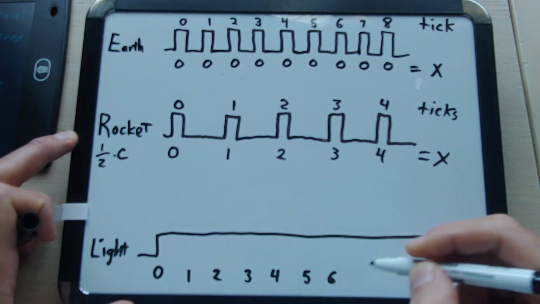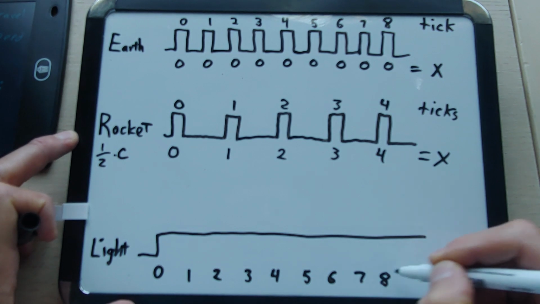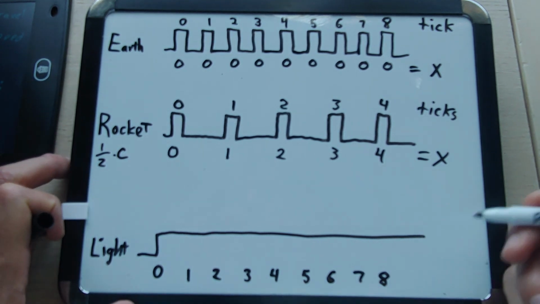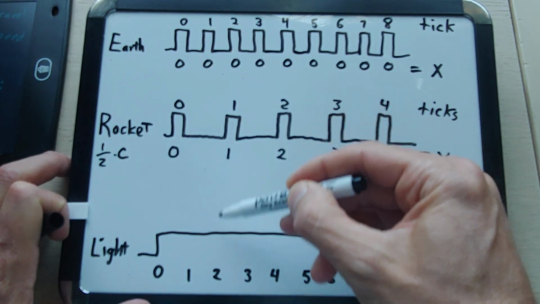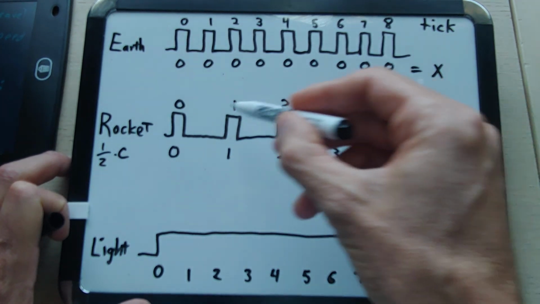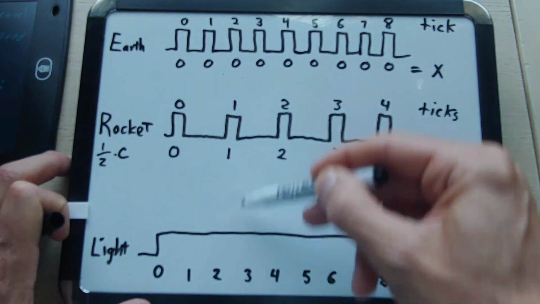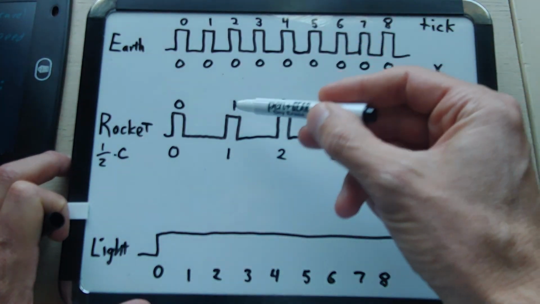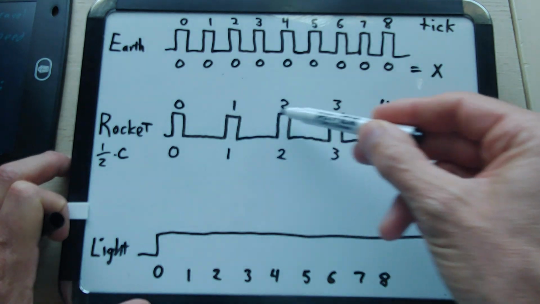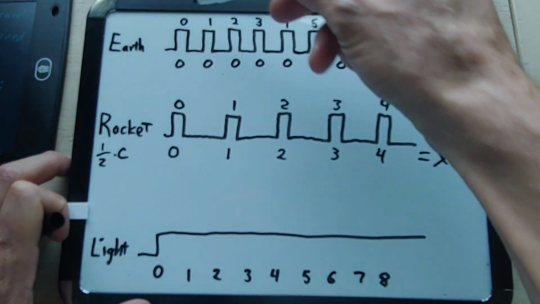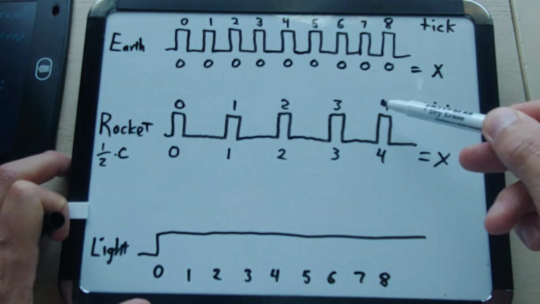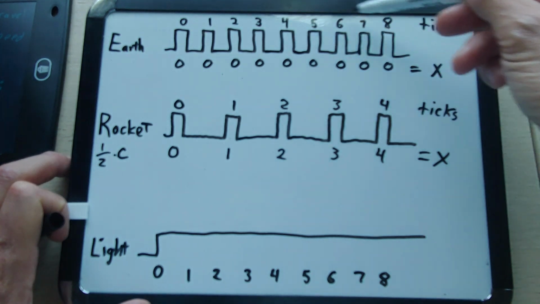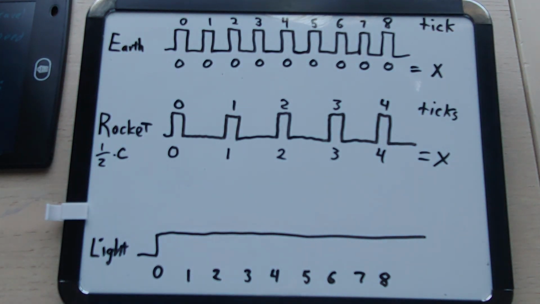And we're just defining these positions to make things relative to each other, so that his position on the rocket is 1/2 of the light position at every point in absolute time. Notice this guy's sense of time is only half as that guy's sense of time, but there's a real thing that's happening. If you're an observer on a rocket ship, you only get to observe on these tick marks. If you're on the Earth, you get to observe twice as many times. Okay, this is real. This isn't fakery with math, but this is what happens.